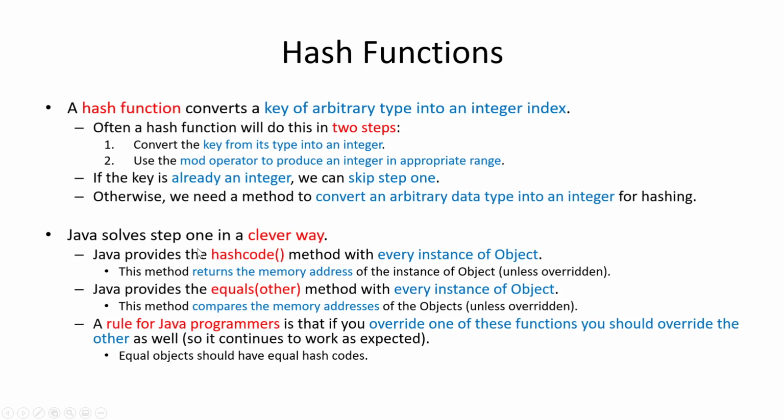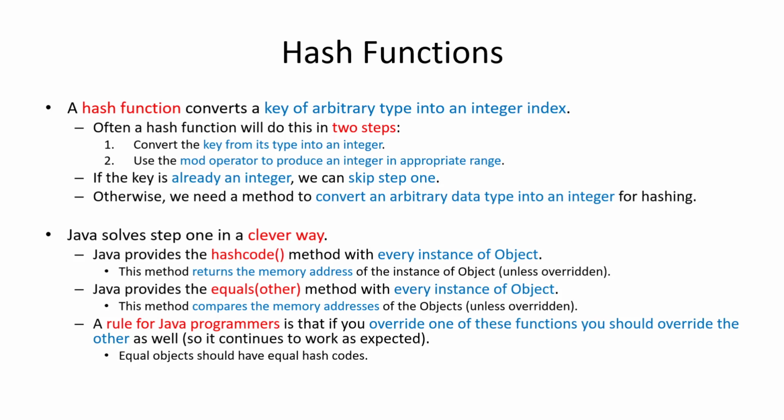Now, how is it doing it? Well, the clever little bit here is it just returns the memory address of that instance of the object, unless overridden, of course. So the built-in way that Java is going to find an integer for your object, whatever it might be, is to just look at the memory address that it is stored in and use that as the integer.